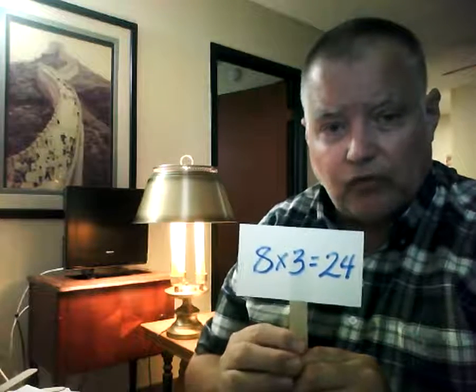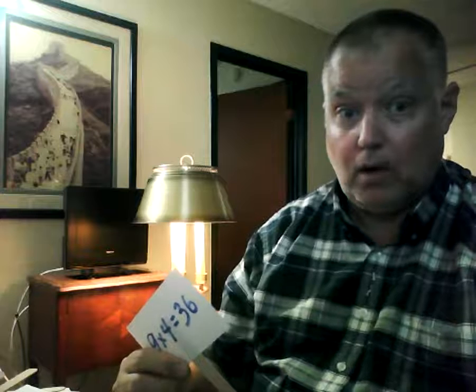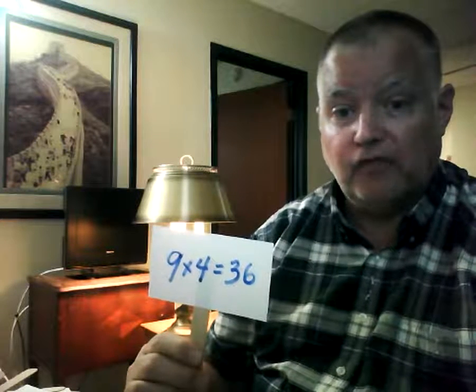I think my favorite campus was UT, University of Tennessee, Knoxville. 8 times 3 is 24. 9 times 6 is 54. And I'll tell you a story. One time, this man was telling stuff, and he was running. And then 2 guys were following, and they stopped me, and they said, "What did he say to you? Or did he give you anything?" And no, but we knew it was serious. 9 times 4 is 36.